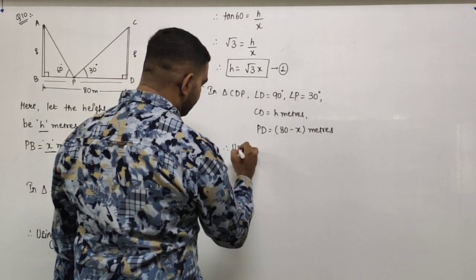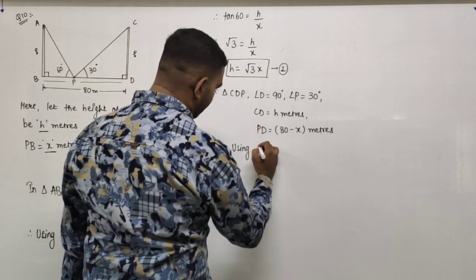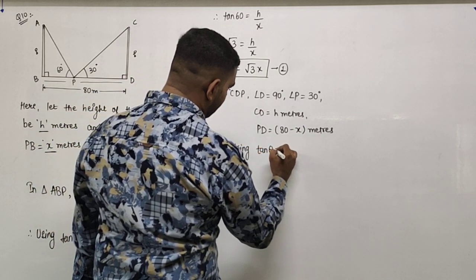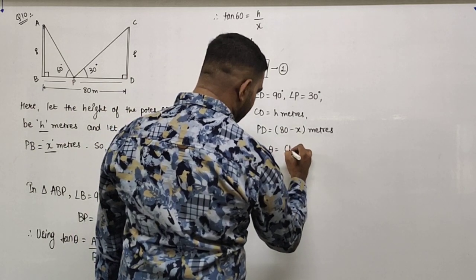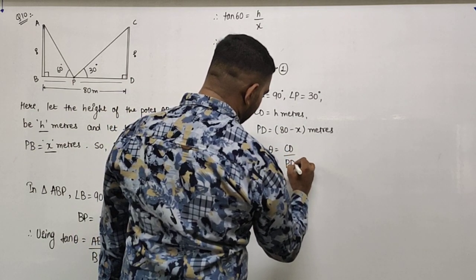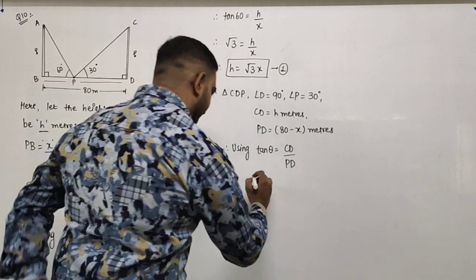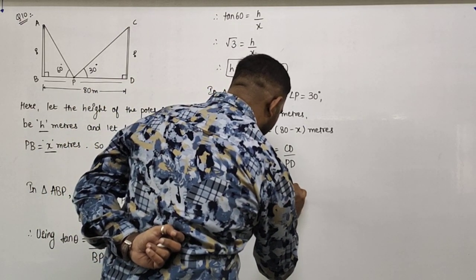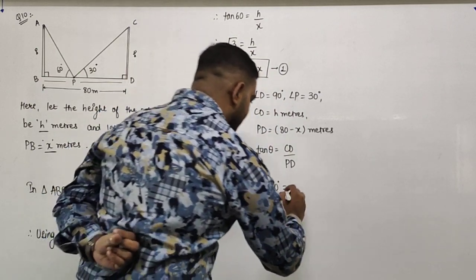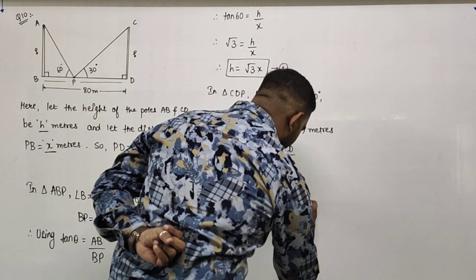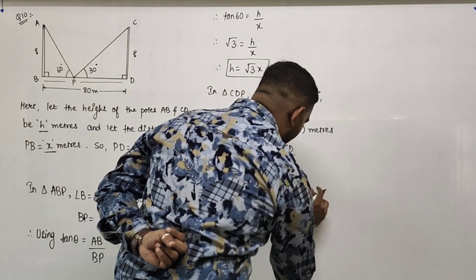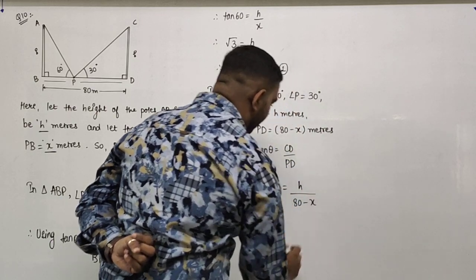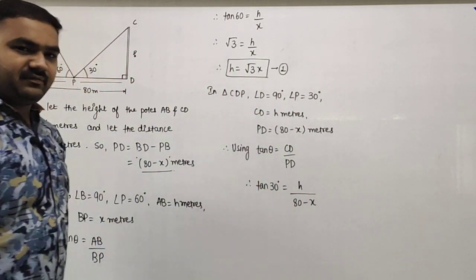Therefore, using tan theta is equal to CD upon PD, tan 30 degree is equal to CD, that is h divided by 80 minus x. Just replacing the values.